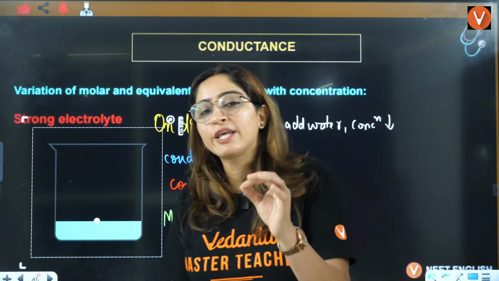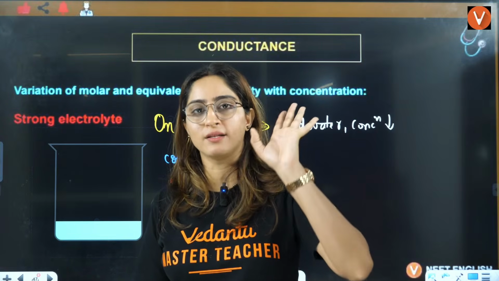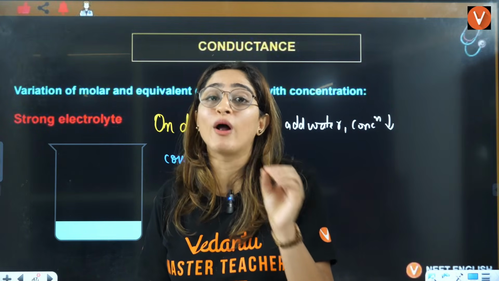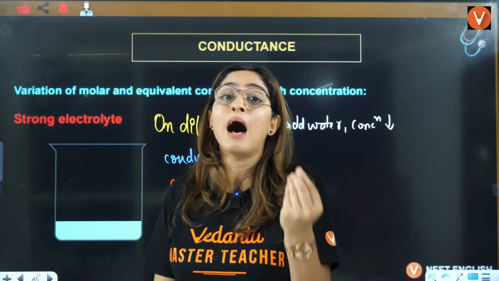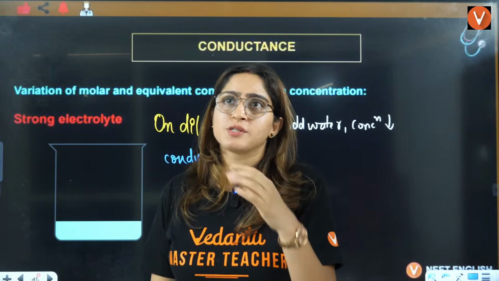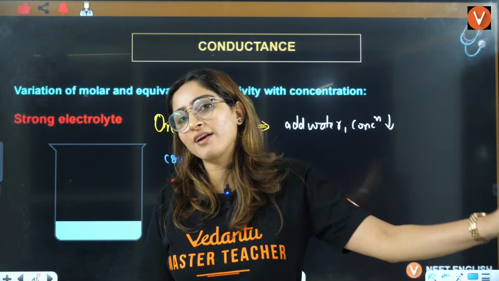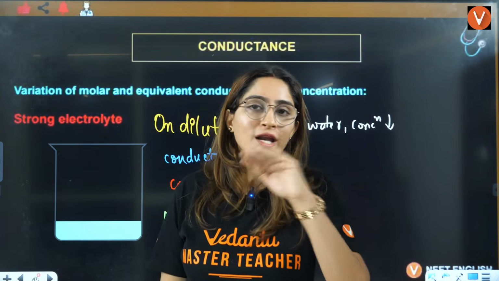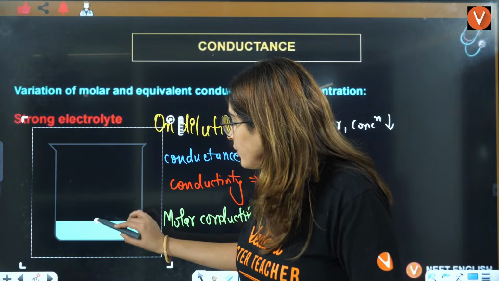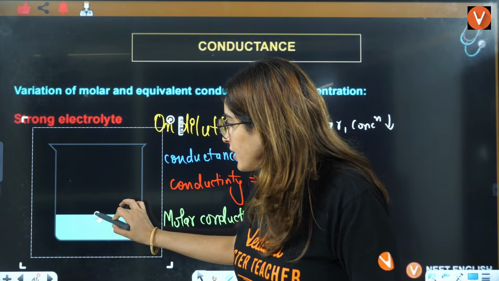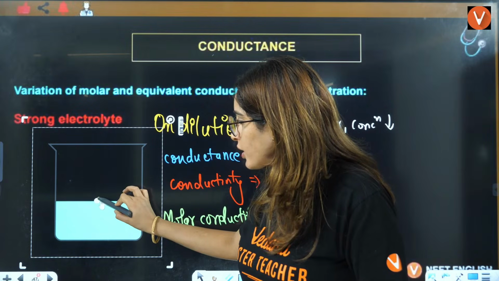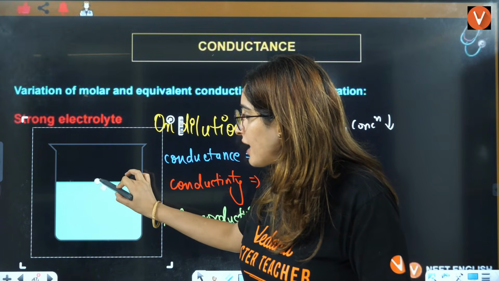All the molecules are already into ions. There is not even a single molecule or compound. All are ions. Let's say you have 200 molecules of NaCl. Now you have 200 Na and 200 Cl. All are dissociated. Now you start adding water, and you're diluting it.